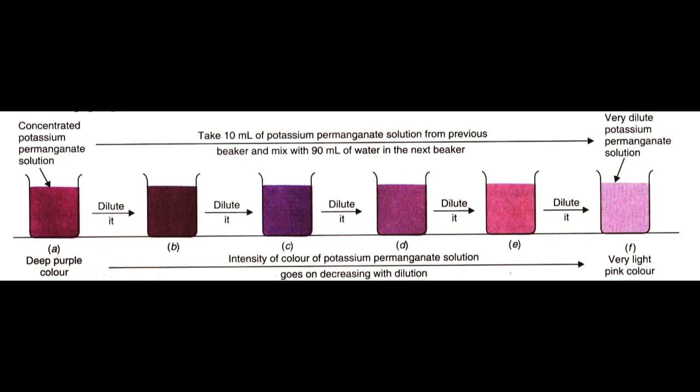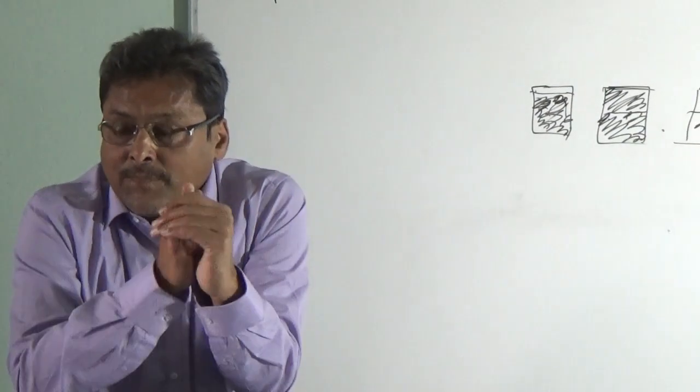Look how the color has changed. At the beginning it was deep purple and it has now changed to very light pink. But the point is that the color persists. So many particles of potassium permanganate were in that very tiny crystal in the first beaker that they are still persisting in the last beaker. Right? That is the first part.